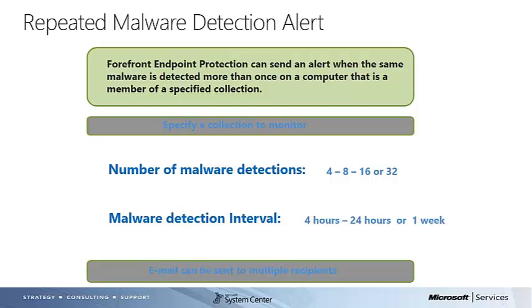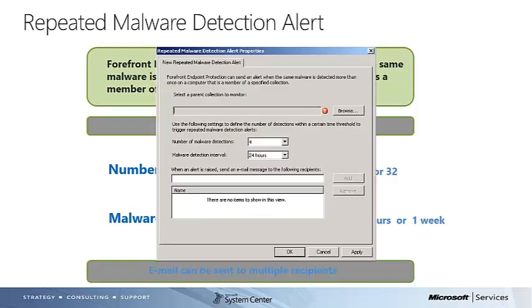Specify the collection, the number of repeated malware detections. That can be 4, 8, 16, or 32. And then the malware detection interval, for 4 hours, 24 hours, or within a week, did you see the reinfection occur? And then the email is sent to the recipient list.